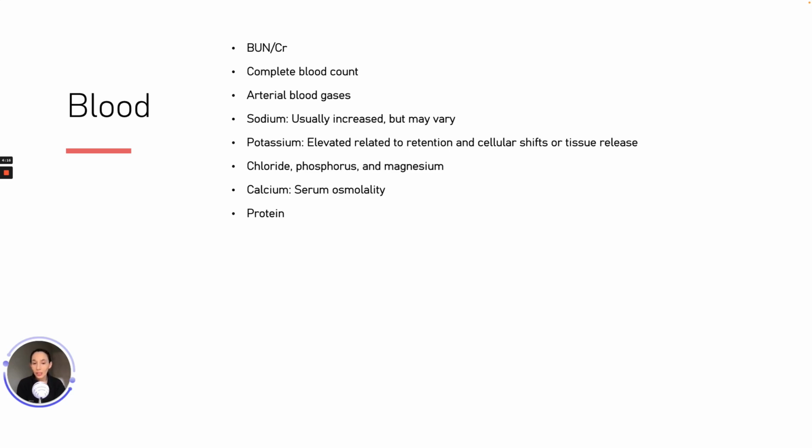Calcium usually is decreased. Serum osmolality will usually be more than 285. It's often equal to the urine, and protein can have decreased serum levels and may reflect protein loss via urine, fluid shifts, decreased intake, or decreased synthesis because of lack of essential amino acids.